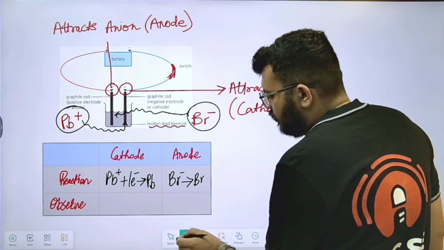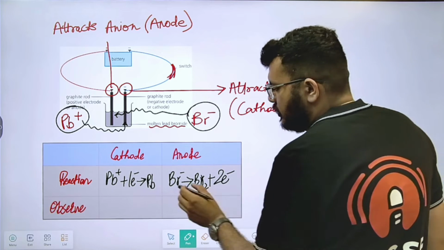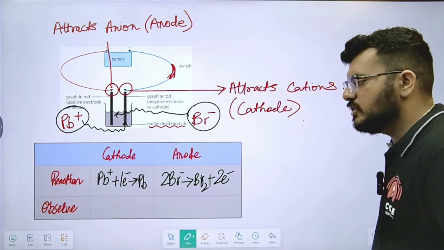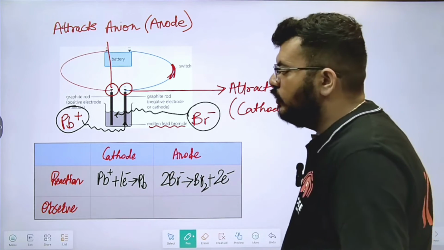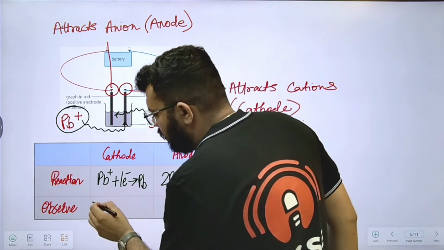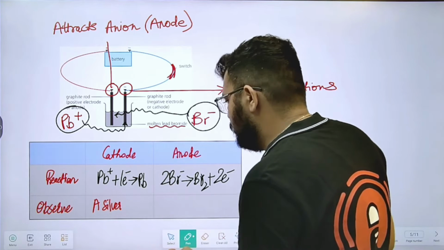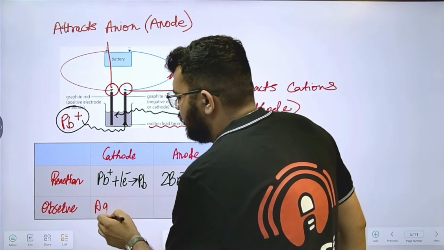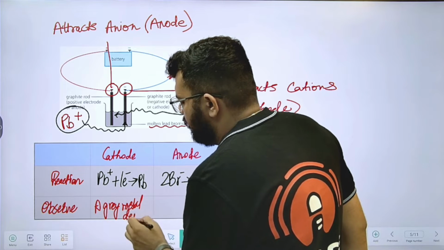It gives off bromine, and it gives off two electrons, right? And 2 Br minus will be there to balance this whole thing. But what will you observe? You will observe a silver, not silver, let's call it a gray metal depositing, right?